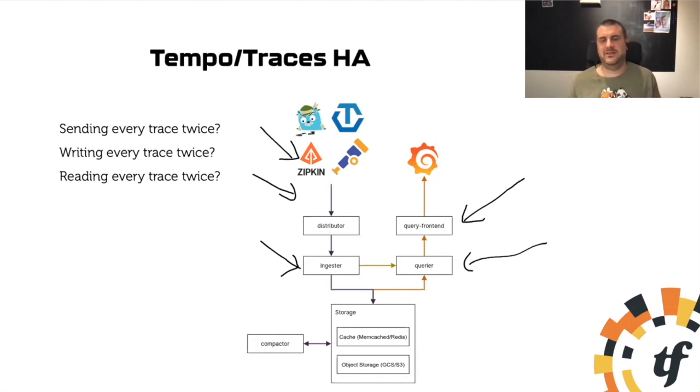So can we write it twice? In the layer below, can we find a distributor or an ingester that could write it twice? The answer to that is, surprisingly, no.